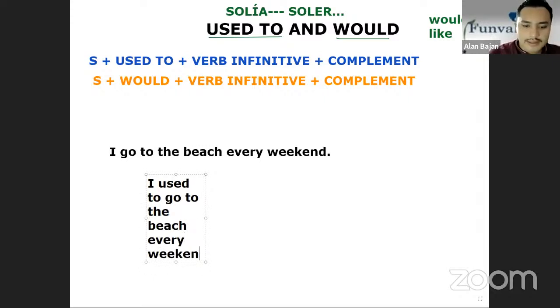Now, please write the negative form for the sentence. I used to go to the beach every weekend.